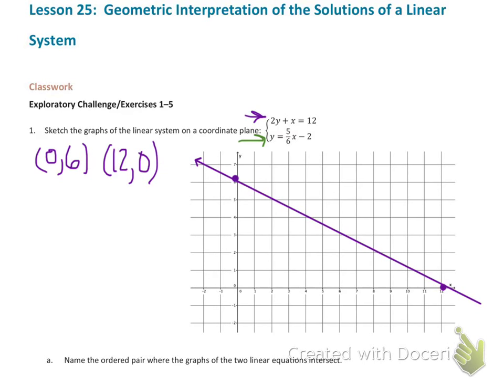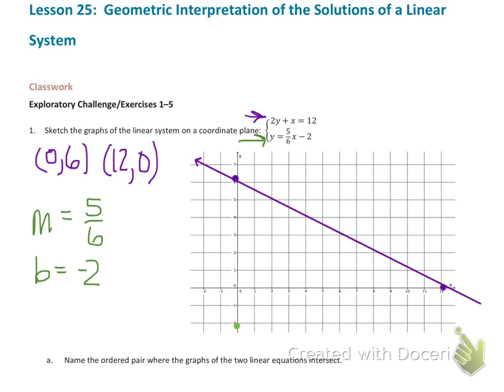Okay, so this is going to be my green equation. This equation is in slope-intercept form, and so I can see that the slope is positive, it's 5/6, and the y-intercept, b, is -2. The strategies I use to graph an equation can be based on the format of the equation, whatever form it comes in. So I'm going to plot my y-intercept of -2, and then I'm going to get the next point by using the slope.